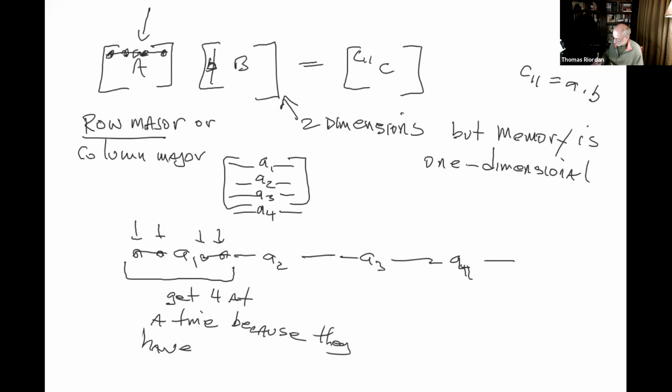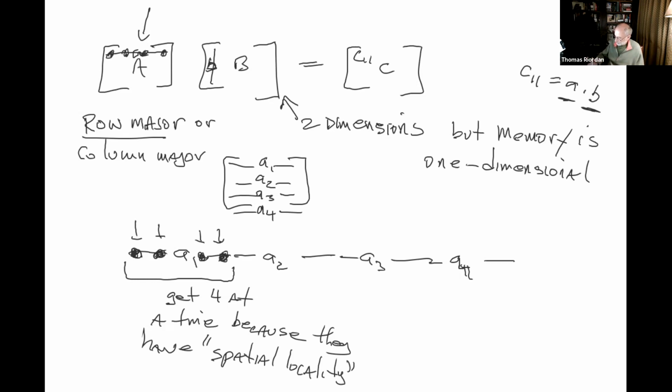They have spatial locality. They have excellent spatial locality, these 4 elements that we need to multiply this row times this column. Getting the elements of this row is very easy. They have great spatial locality. We can grab the first one and we can get all 3 of the other ones all at the same time.